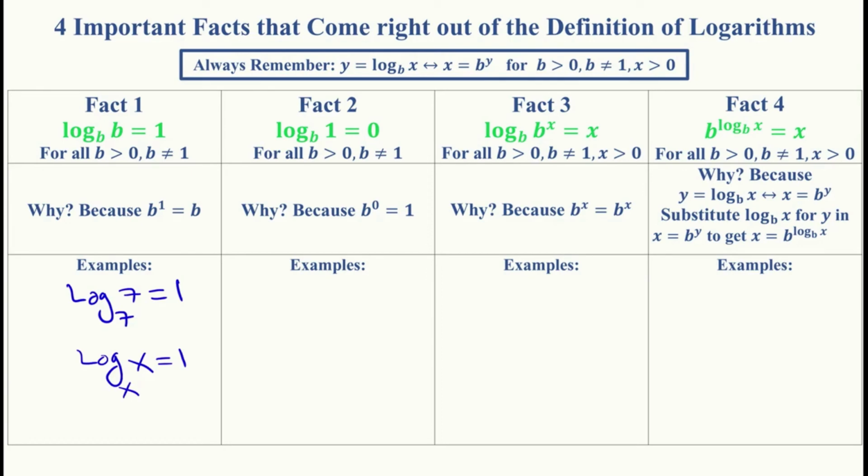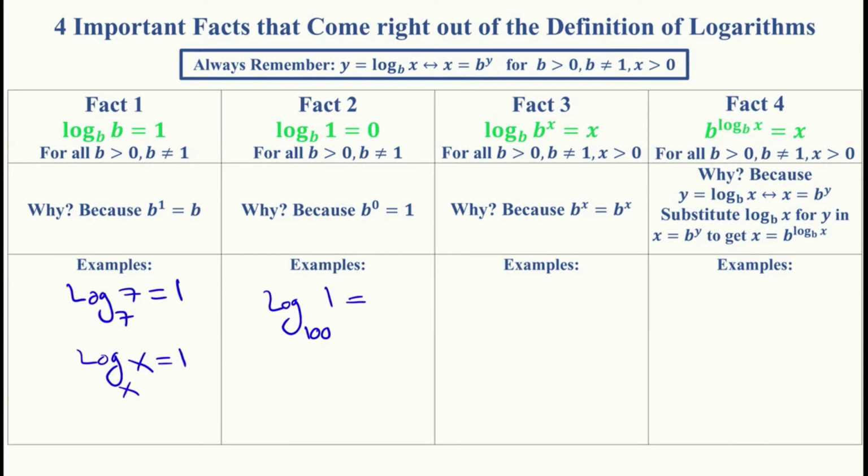All right, so the second fact is that if you take the log, any base, the base doesn't matter as long as it's a legal base, of 1, you're always going to get 0. Why is that true? Because b to the power of 0 equals 1 for any b. So for example, if you see log base 100 of 1, there's no work needed here.